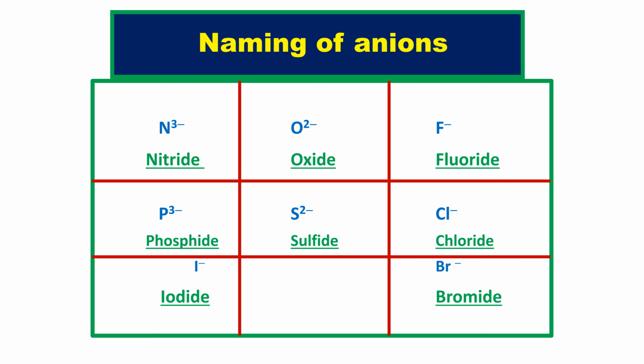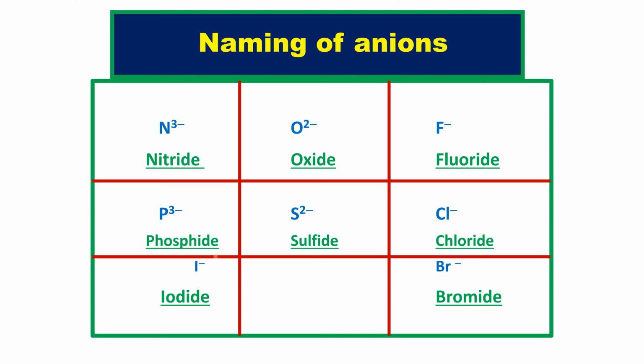Let's look at some examples. So these are all anions. Let's now look at how to name these anions. So N3 minus is known as nitride. O2 minus is known as oxide. F minus is known as fluoride.